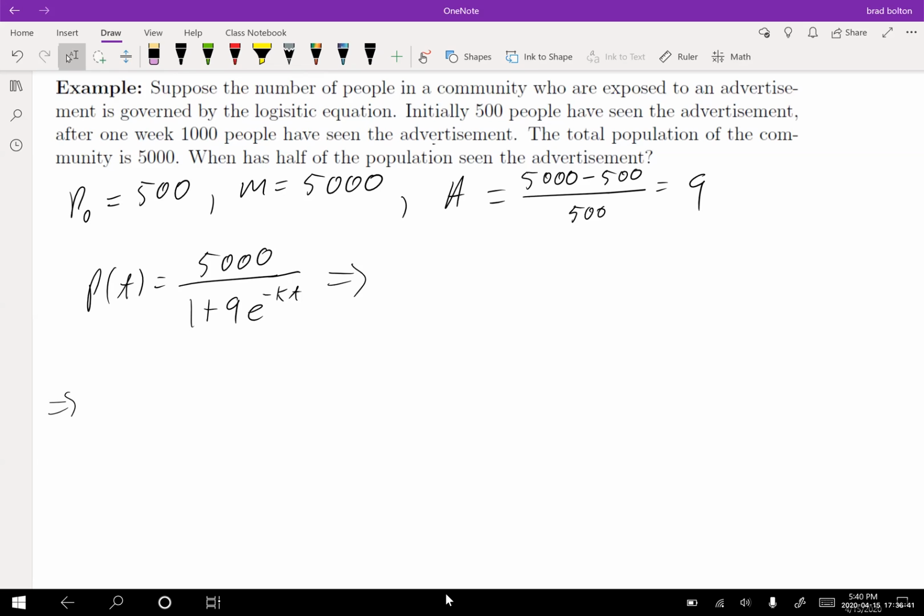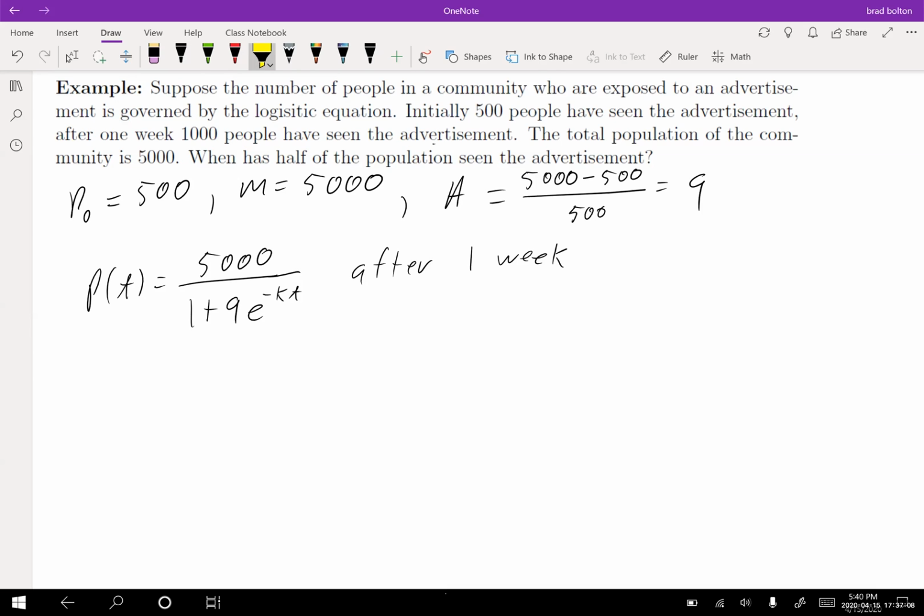So we know that 5,000 is equal to 1 plus 9 e to the negative kt. But we know that after 1 week, we already used P naught.